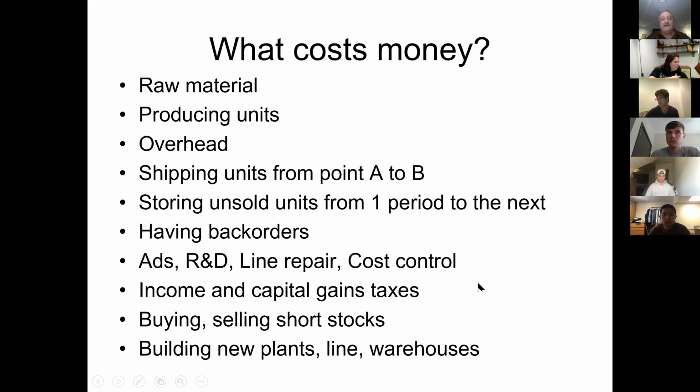This game has taxes in it, all right? So you have to pay income tax on income. And if you make a profit in the stock market, you have to pay capital gains taxes, okay? If you buy a stock, you have to pay money to buy that stock. I'm assuming you understand the stock market at least a little bit.